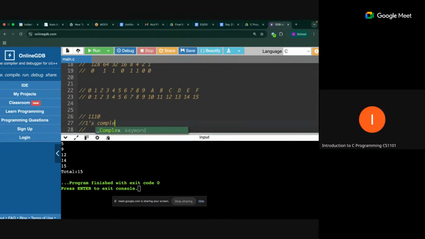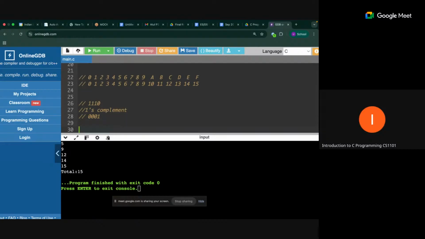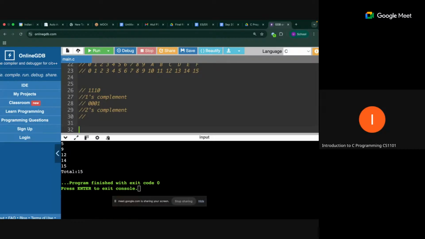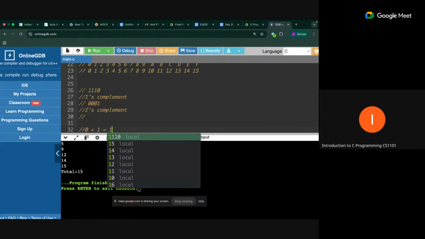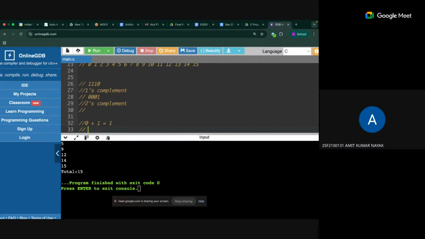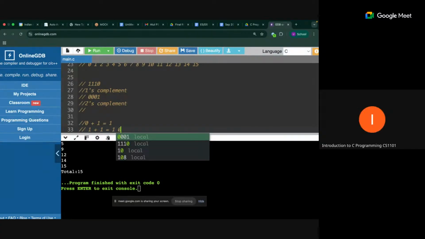Now if I take the ones complement, it will be 0001. So 0 has to be converted to 1, and 1 has to be converted to 0. Then for the 2's complement, we have to add 1. In binary addition, 0 plus 1 gives 1, and 1 plus 1 gives 10, where 0 is the value and 1 is the carry forward.